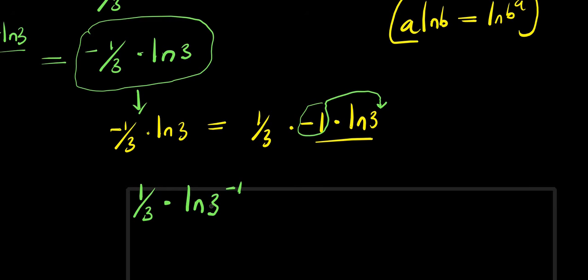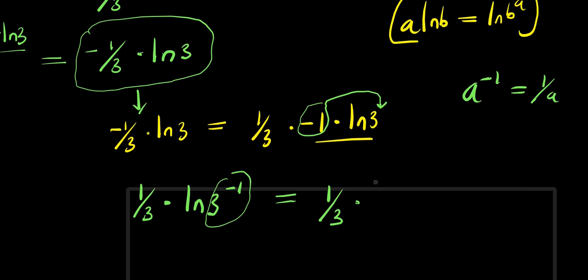Have you seen that? So the next step will be for us to apply the identity again. A power negative 1 equals 1 over a. So we apply it here. That means this will give us 1 over 3 times ln of 1 over 3. Have you seen that?